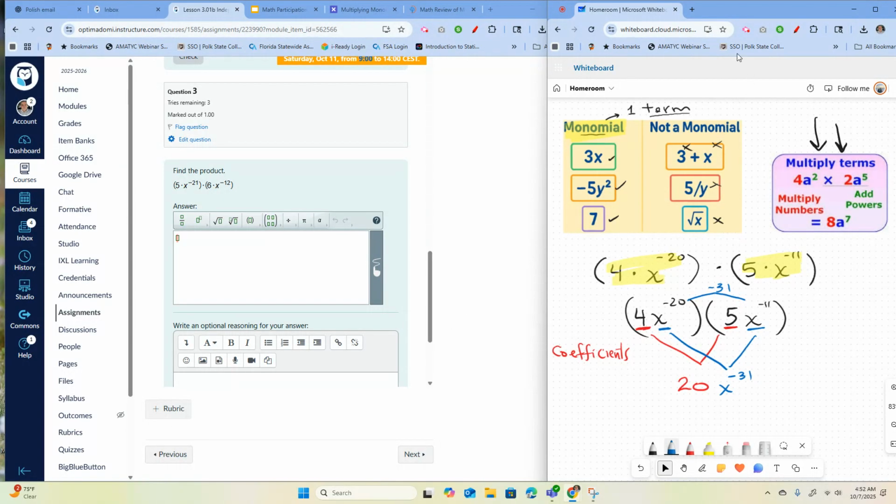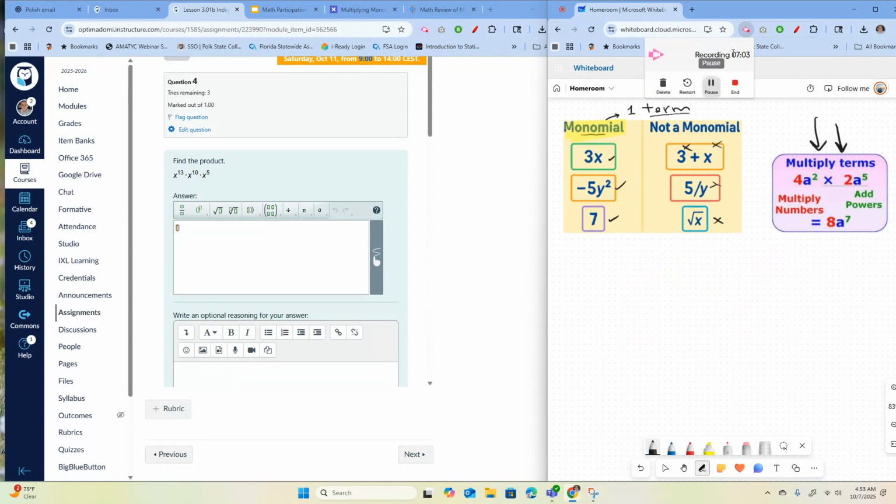Okay, let's go to problem number 4. All right, for problem number 4, we are multiplying. Now here we don't have any numbers, we only have letters. So let's say I have x to the 12 times x to the 9 times x to the 4th.